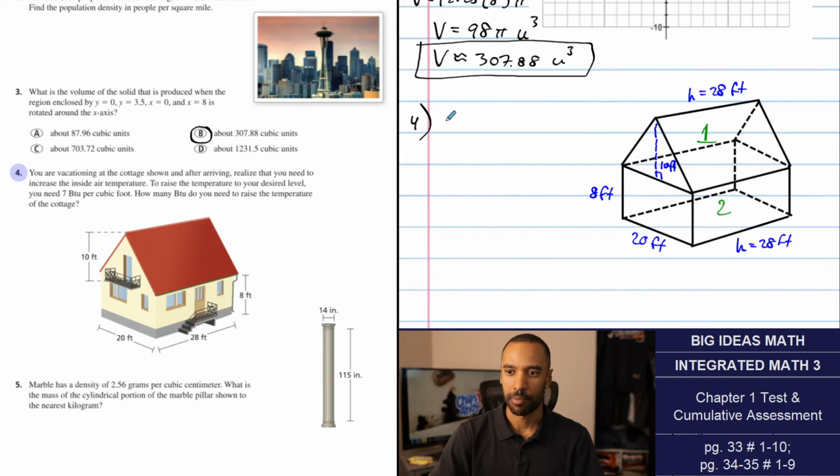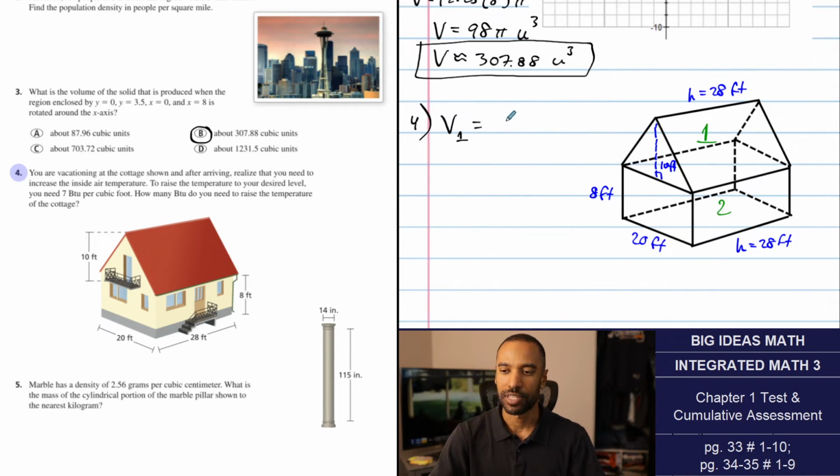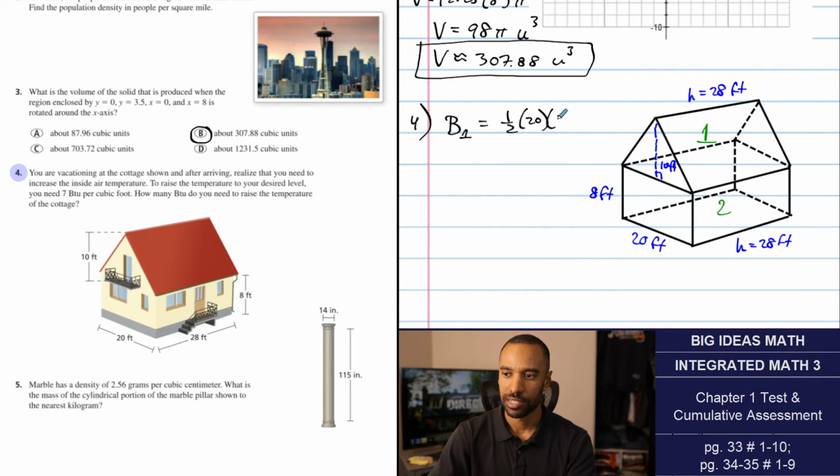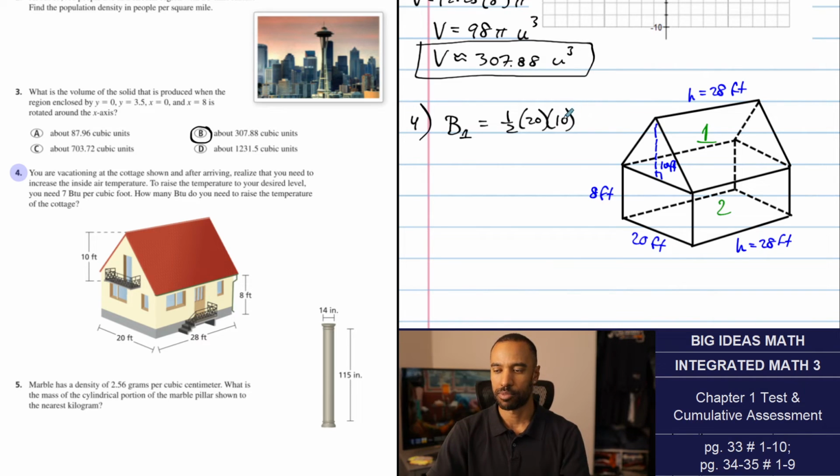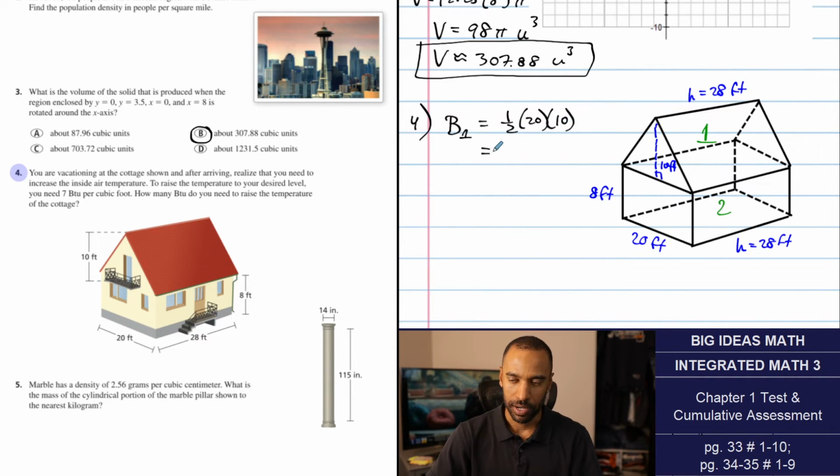Let's find the volume of object 1 first, the triangular prism. That's area of base times height. For the triangle, we have a base edge of 20 and a height of 10. Sorry, let me do this again. The area of base 1 is 1/2 base times height, which is 100 square feet for that triangle base.